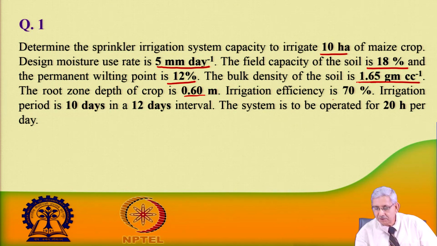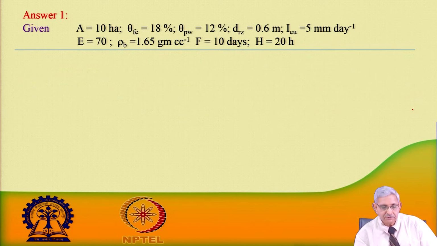Irrigation efficiency of the system is 70%, and irrigation is given at 12 days interval in a period of 10 days, and the sprinkler system is operated 12 hours per day. So, we are given these data.